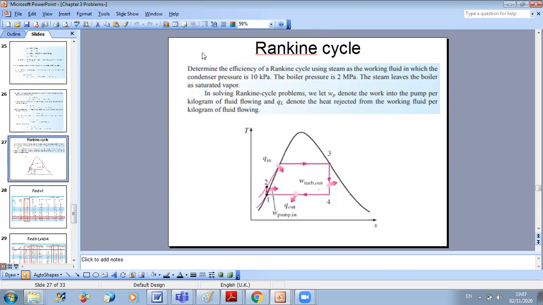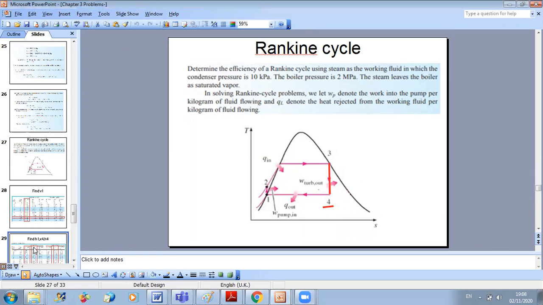After we find S at point 3, which is equal to S at point 4, we can compute the value of the quality X4, and then deduce the value of H4. So we will go back to this table after finding S3.